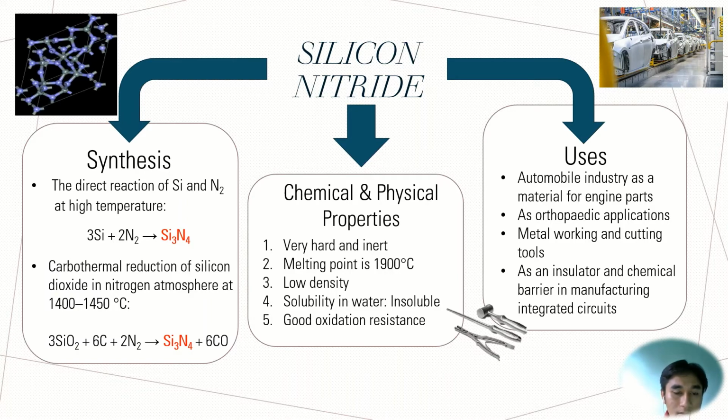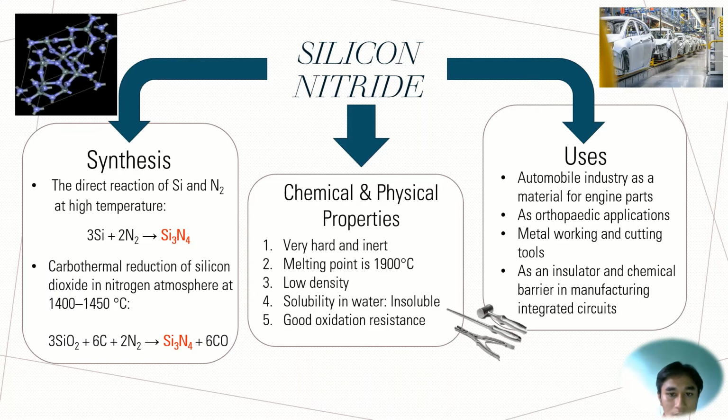And the second synthesis of silicon nitride is by carbothermal reduction of silicon dioxide in nitrogen atmosphere at 1400 until 1450 Celsius.